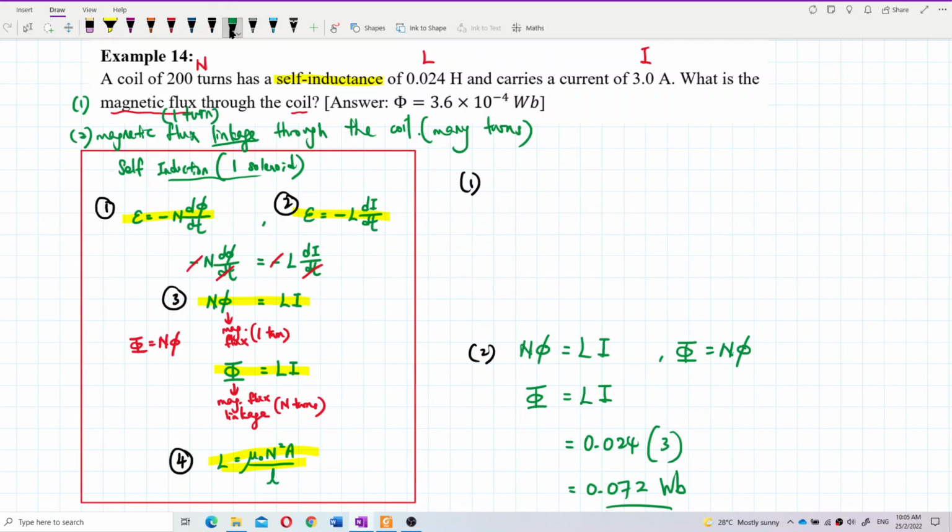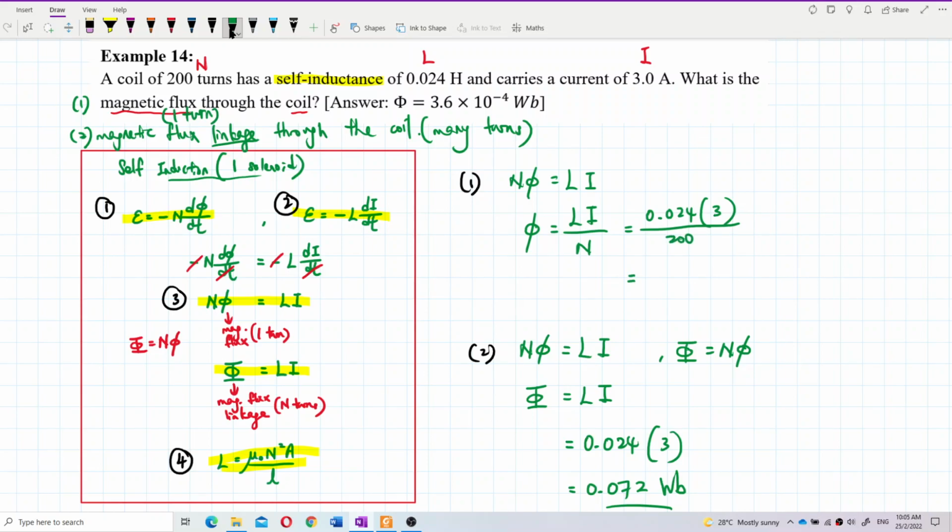Also use the same formula, N phi equals Li, but now I just want to find phi, which is Li over N. So it's 0.024 multiplied by current 3 ampere, divided by 200 turns.